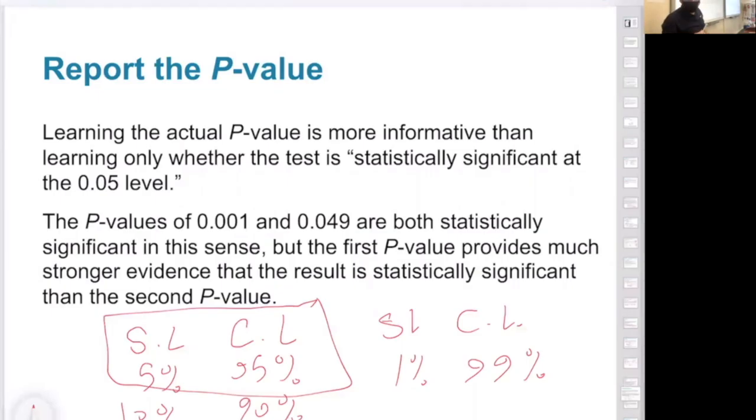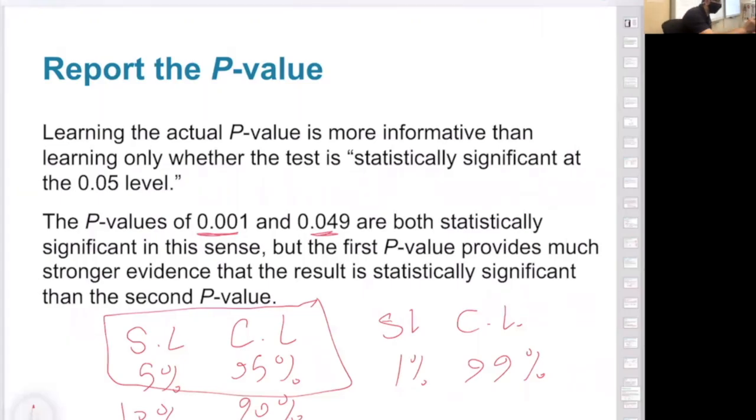Of course, the p-value will inform us if the evidence is strong enough or not. Maybe you have two p-values, but one of them gives us an indicator that the evidence is stronger than the other one. Like here, suppose you have p-value 0.001 and another p-value 0.049. Which one has stronger evidence than the other one?